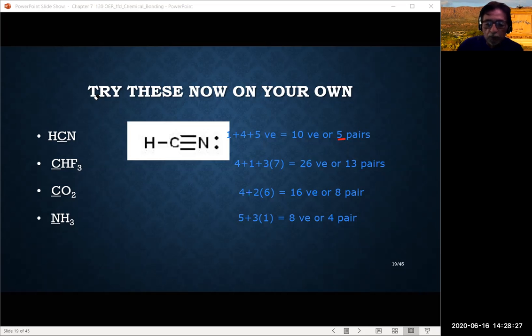Now, anybody want to take a guess at what the general formula is for HCN? The general formula. Remember the general formula, AB_n? Anybody want to take a guess what that is?